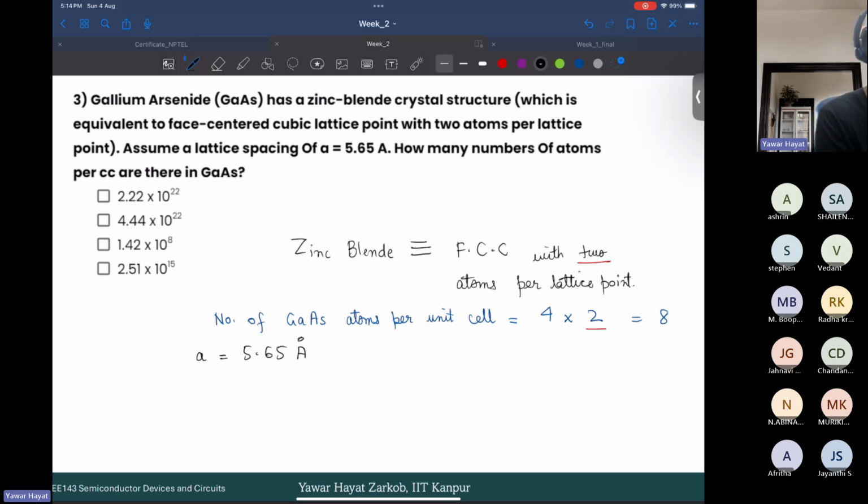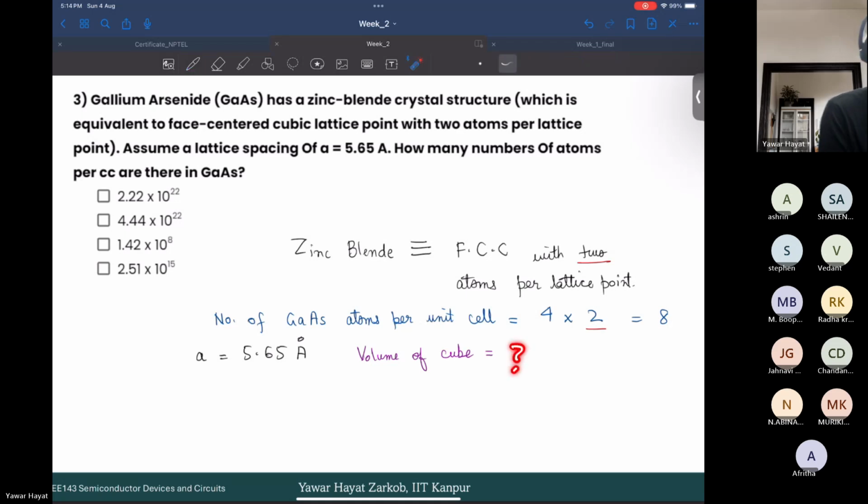What is the volume of the cube? Volume of the cube is A cube, right? And A is 5.65 angstrom. So work it out.